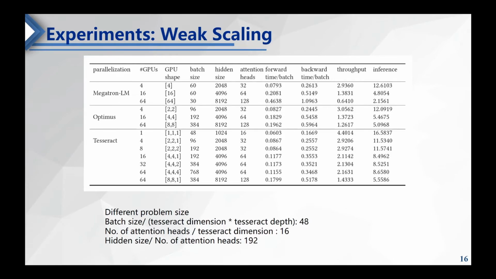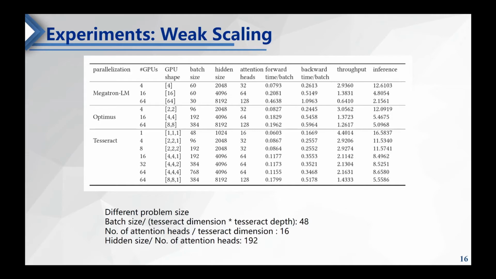And the setting conforms to batch size divided by dimension times depth equals 48, number of attention heads divided by dimension equals 16, and hidden size divided by number of attention heads equals 192, due to the memory of each GPU used.